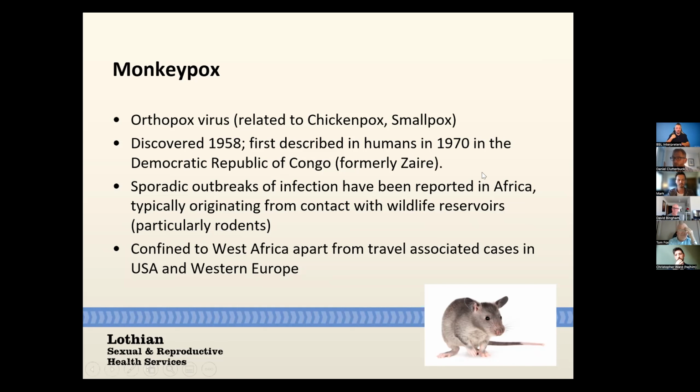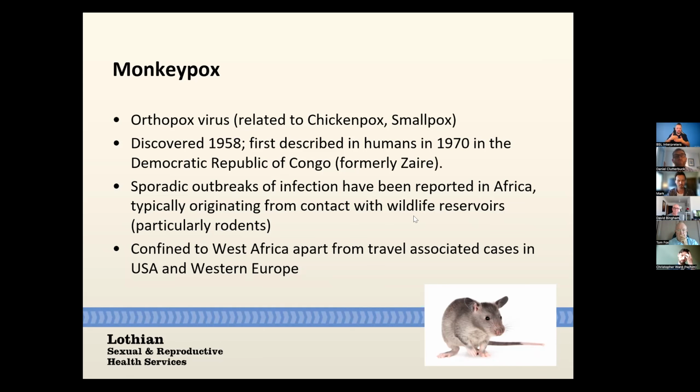It looks like, although it's not absolutely clear, that it's mostly in rodents, and we're used to this infection being seen in West Africa and seeing literally the odd case in places like the UK associated with travel. There have been some outbreaks linked with animals. It got into a prairie dog population in the United States, and there were some cases in the US earlier in the century, but we've not seen masses of it.